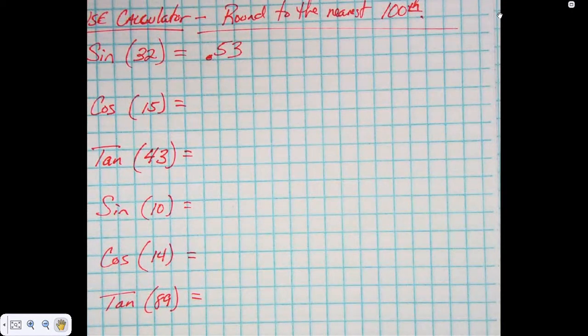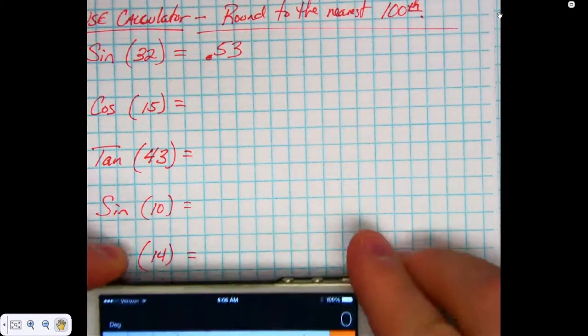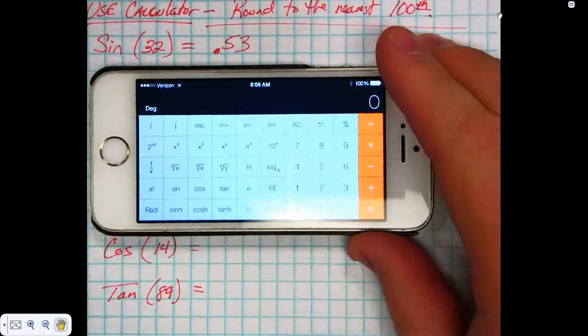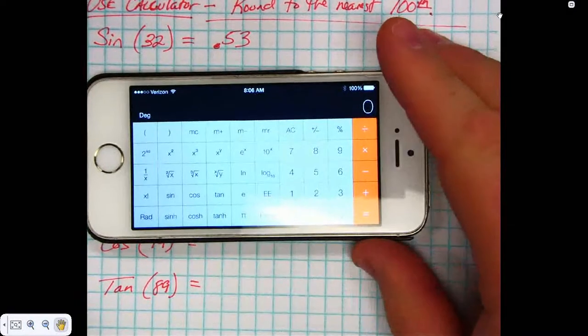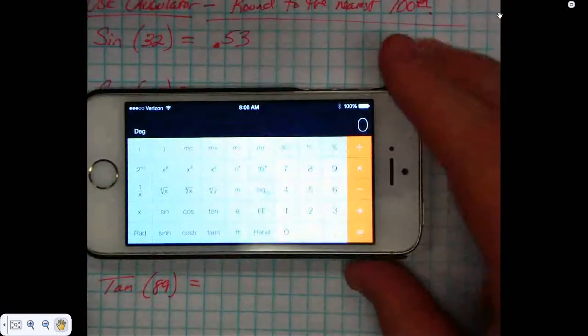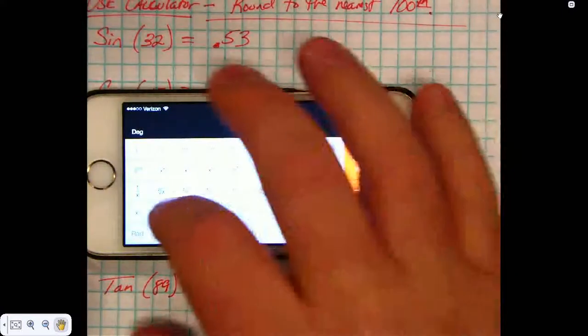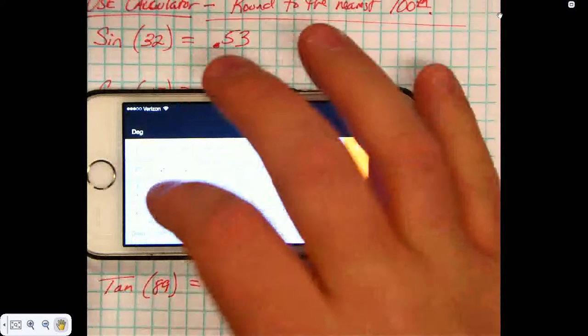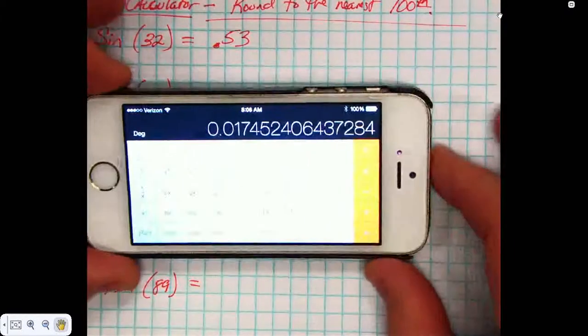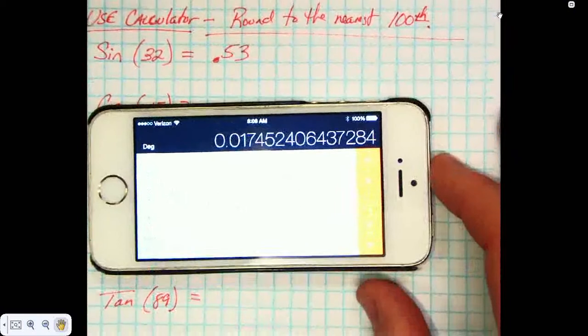Last time I used an iPhone, which I know a lot of you have, you're sitting here like this. Somebody turn one of those lights off. I think it'll show up better. There you go. Okay, if I press sine, see how nothing came up? See how there's just still a zero there? Still having problems.